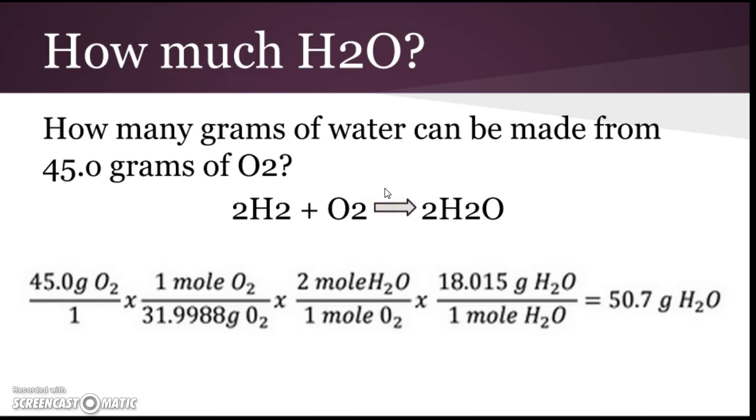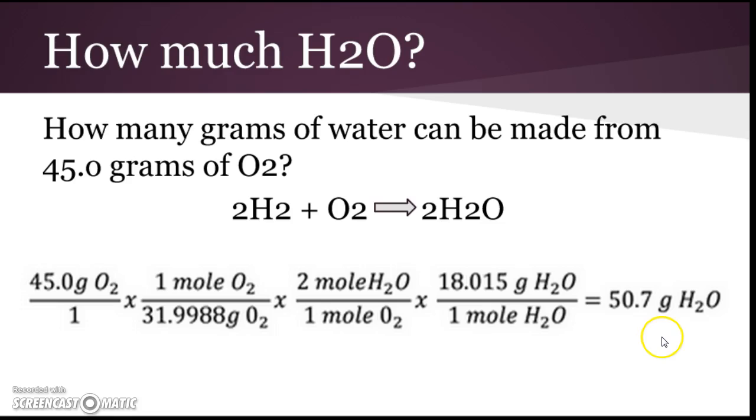But I also have 45 grams of oxygen in this problem. So now I do this separate problem. How many grams of water can be made from 45 grams of oxygen? Same problem again. I'm solving for grams of water, starting with grams of oxygen, and I do my unit analysis.